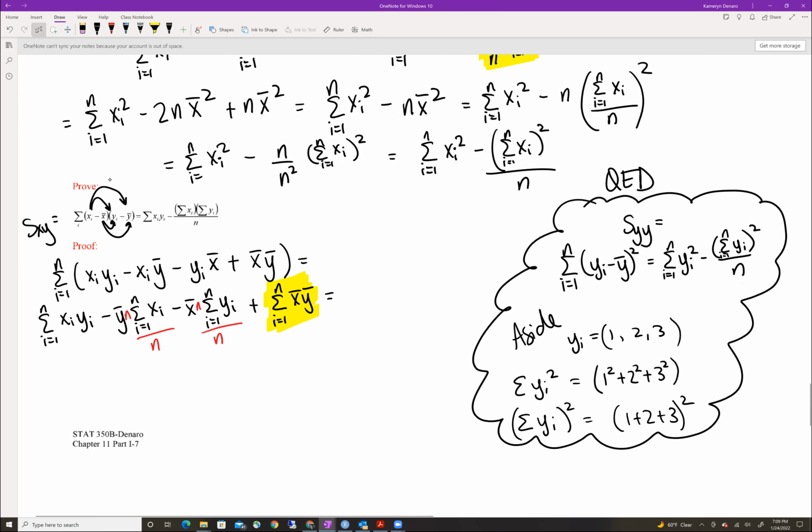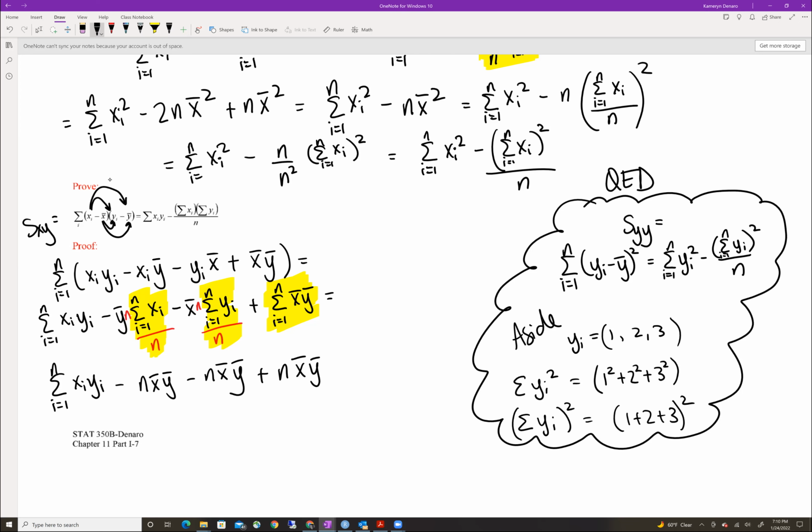We're going to have the summation i equals 1 to n xi yi minus, wow, this piece right here becomes x bar. This piece right here becomes y bar. And so we're going to get n x bar y bar minus n x bar y bar, looking good, plus n x bar y bar.